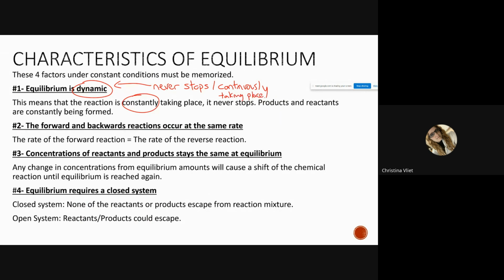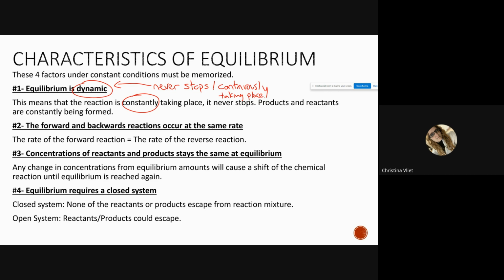So what this means is that products and reactants are constantly being reformed. Reactants are colliding into each other to form products. Products are colliding into each other to form reactants. And this just keeps happening again and again forever. That's what dynamic means. The forward and backwards reactions occur at the same rate.